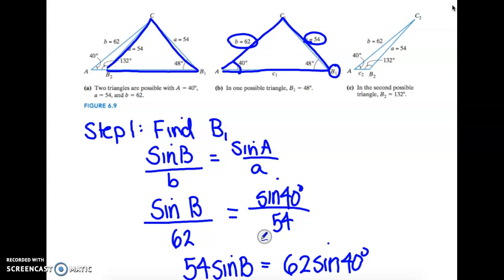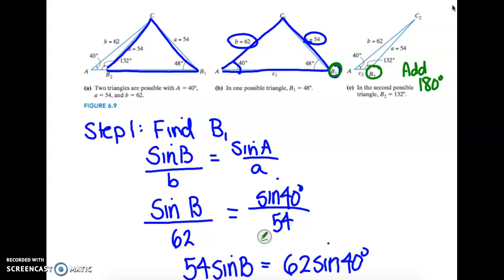To find B2, you're going to use the Triangle Sum Theorem. These two angles, B1 and B2, always add to 180 degrees. Always, always, always.